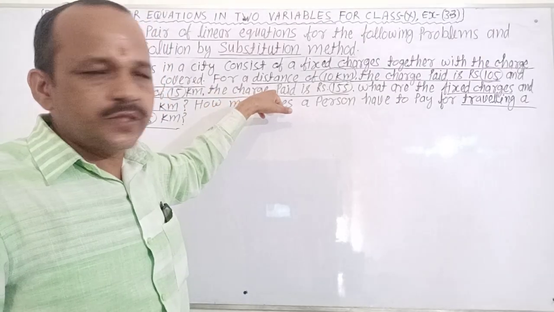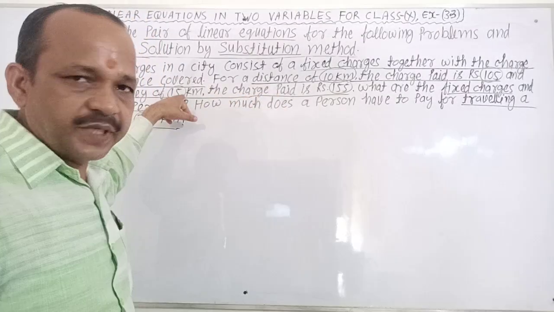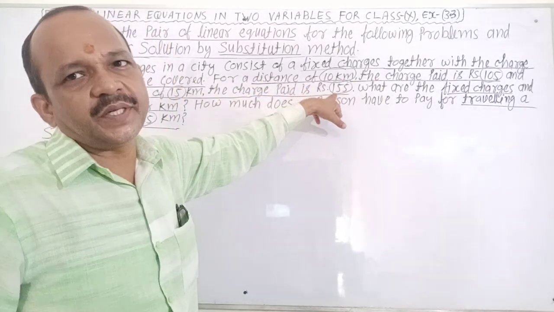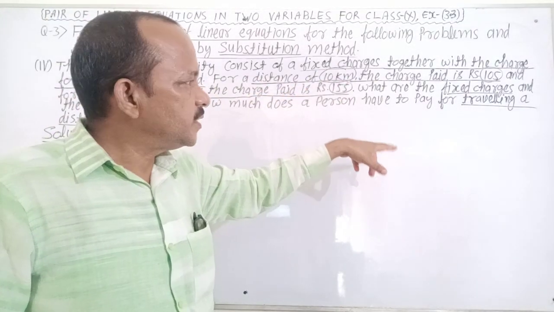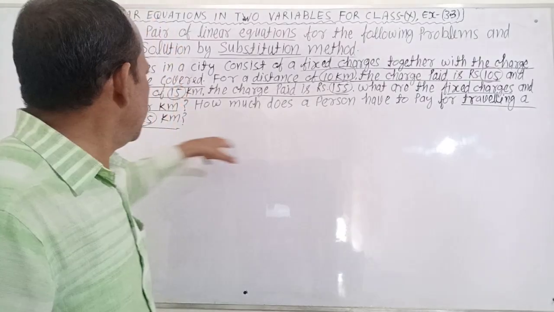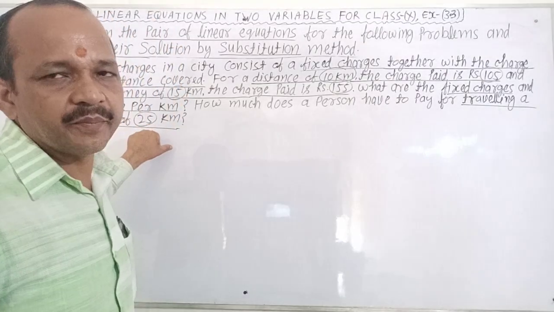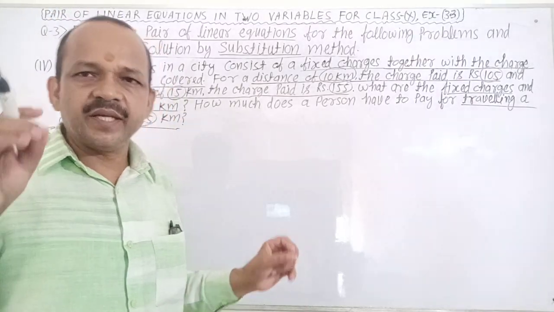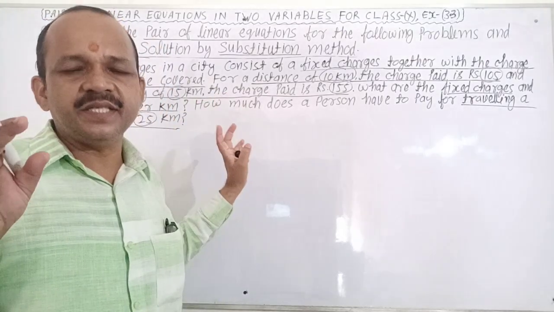According to the second situation, distance 15 km, charges 155. In the third situation, you find the charges for 25 km. It is clear? No confusion about it? Very good. It is very easy. Clear?